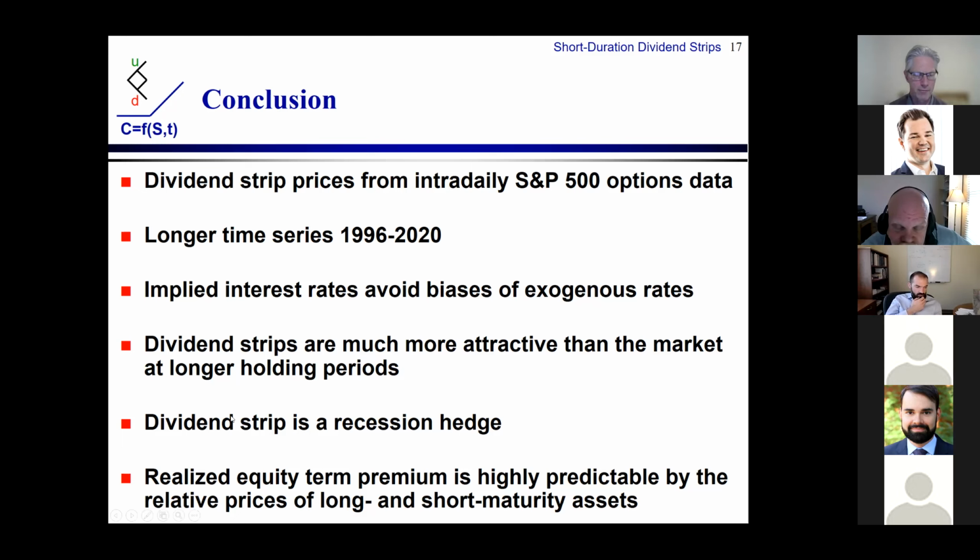The strip is a very nice recession hedge, and the realized equity term premium is highly predictable by the relative DP ratios and thereby by the relative prices of long and short maturity assets.